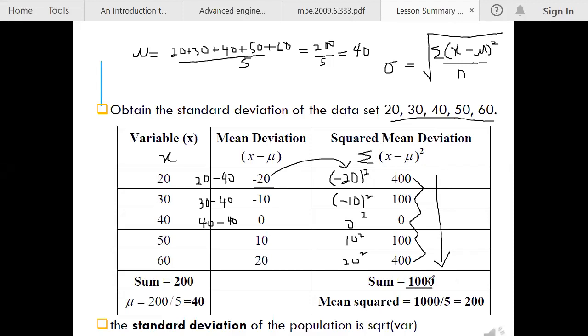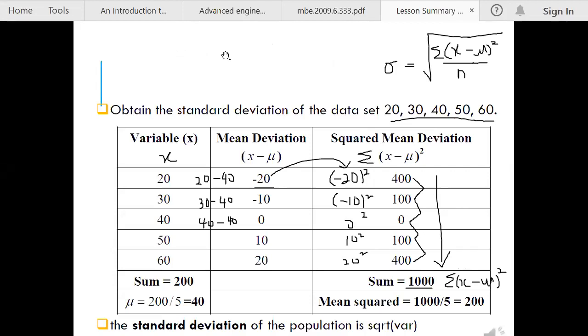This time we found the sum of square deviates, which is this total here, the summation of x minus mu squared. So we're just going to put it into the formula for the standard deviation and find the actual value.